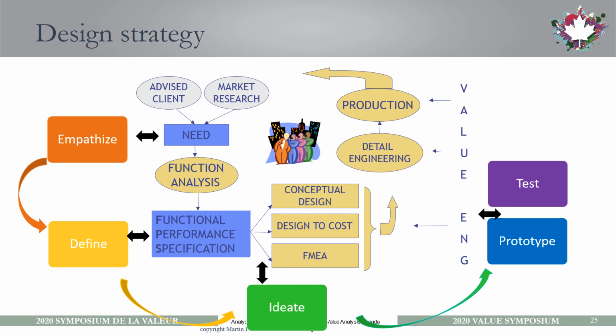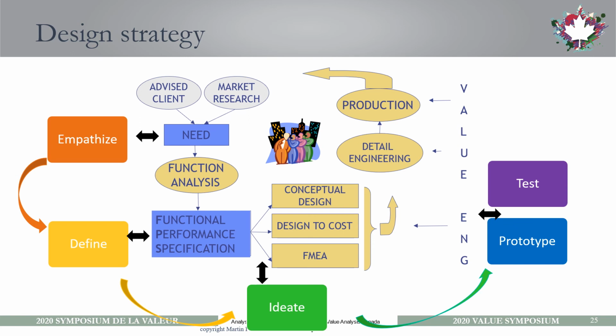So in a design strategy, the middle part here is the value management principles, and then around it is the design thinking. So you start in the left section where you have either an advised client that you're working for or a market research because you want to focus on a certain market.